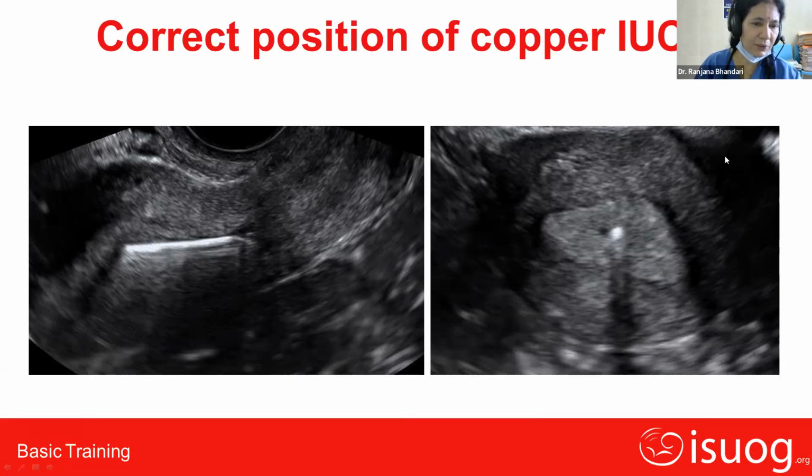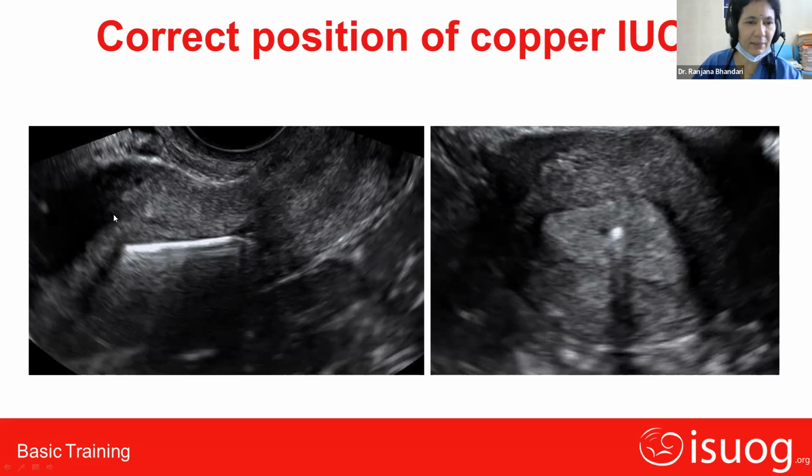See, this is a very good position. This is the endometrial cavity near the fundus. Our IUCD is just near the fundus. So, nice placement. This hole is the IUCD. Normally the IUCD length is 36 millimeter and the width is 32 millimeter. See, we are seeing such a nice 36 millimeter property.